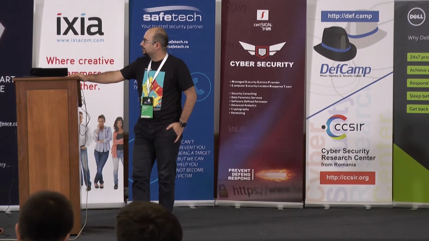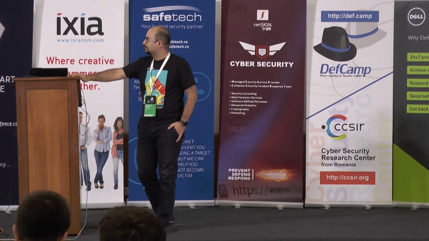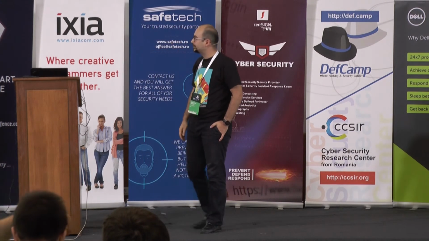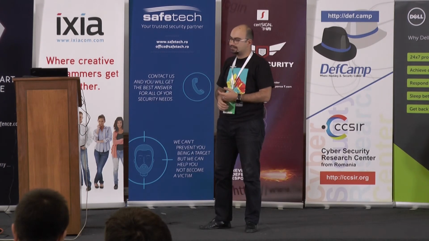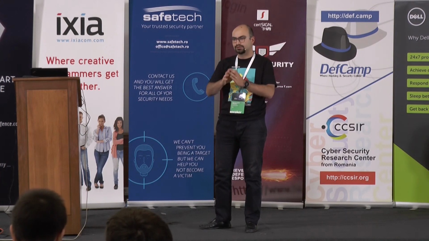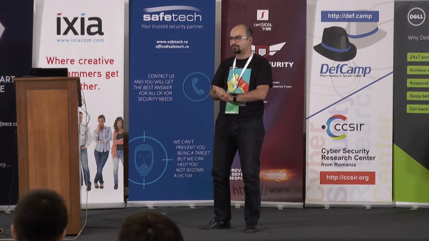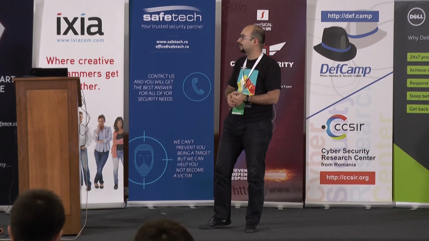So I pass the name of the module, the package name, com.android.bluetooth, and then the denial of service attack. And you pass how many intents you want to be sent to the device for this denial of service attack.